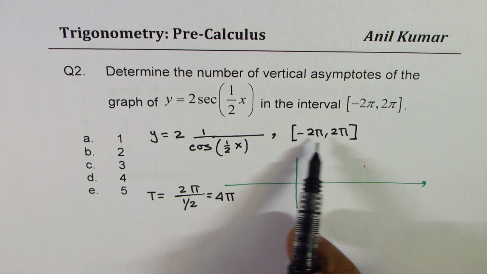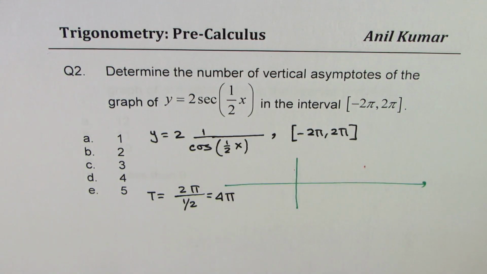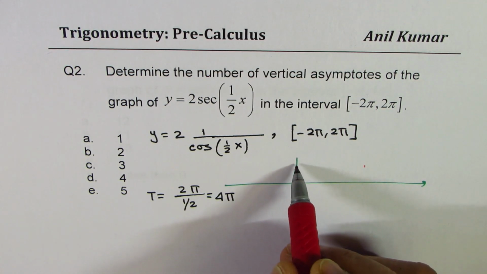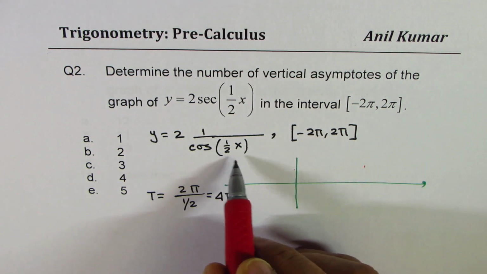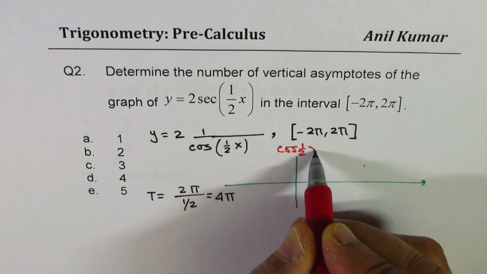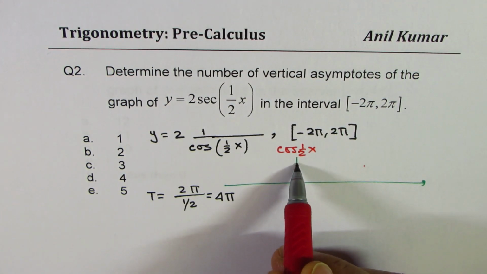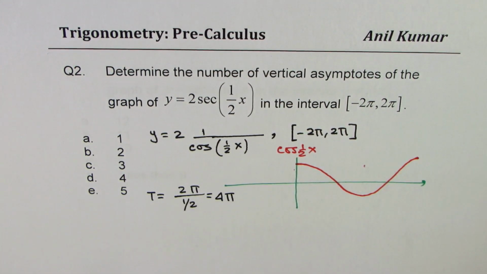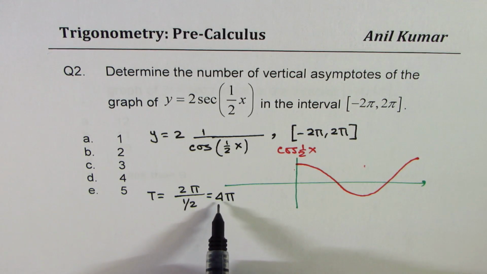So from minus 2 pi to plus 2 pi, we expect how much? What we are saying here is that we are only looking into the cos function, okay? Cos half x. So let's sketch one wave first, right? The time period is 4 pi.